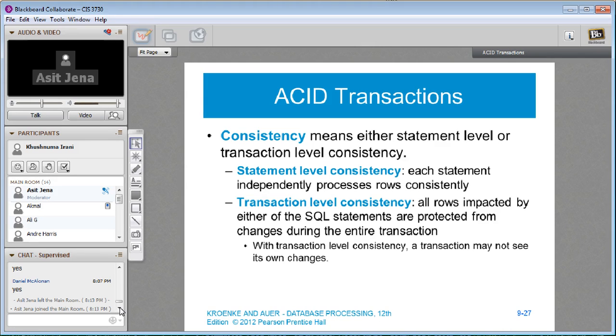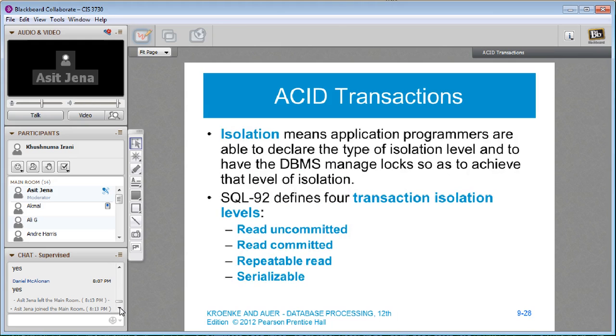So no other transaction should be changing any of the rows during a transaction. No other statement should be impacting the statement that is being executed, and no other transaction should impact the transaction that is being executed. That's basically what consistency means.